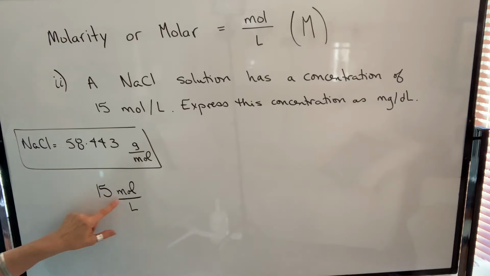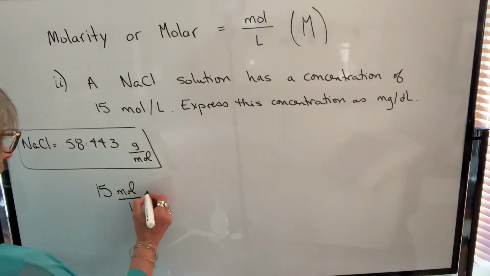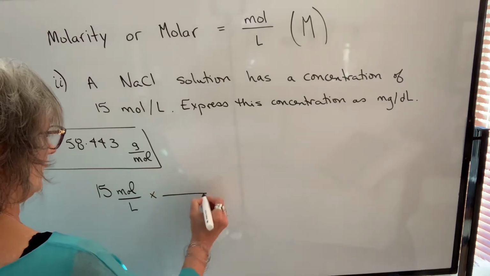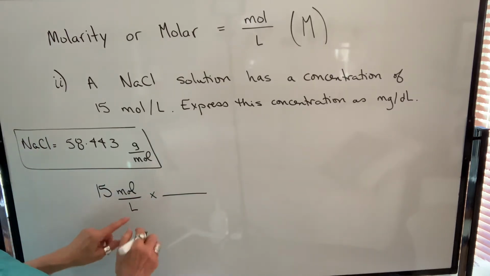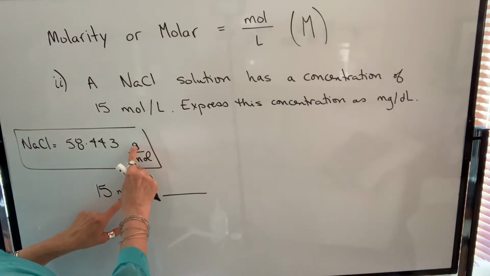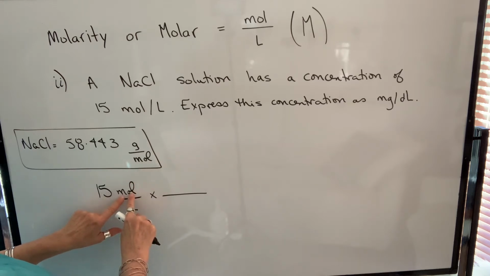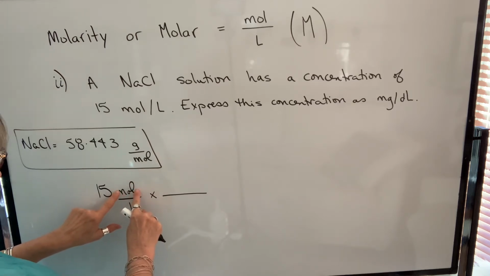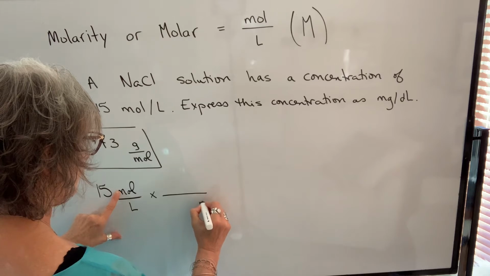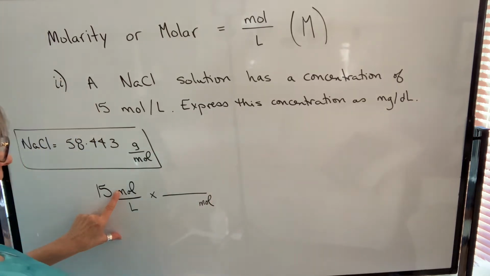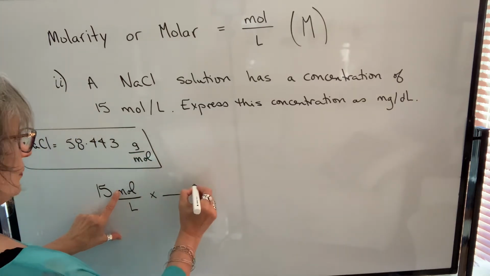Let's start off with 15 moles per liter and change it to grams per liter using molar mass. We're going to use a process called dimensional analysis, and the way that that's going to work is we're going to multiply by the molar mass, making sure that if we want to eliminate moles, and moles is in the numerator here, we put moles in the denominator, and grams will be in the numerator.